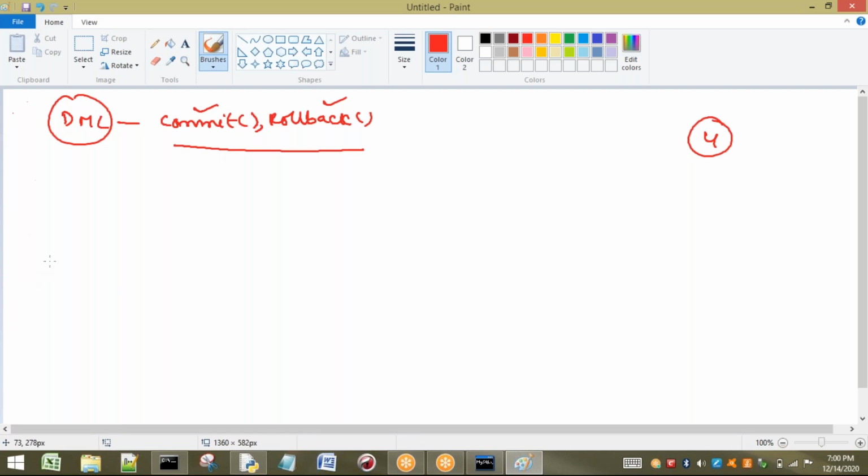If you want to fetch some records from your database, I can use methods like the fetch method. Fetch means it is going to fetch only one record, or one row we can consider.